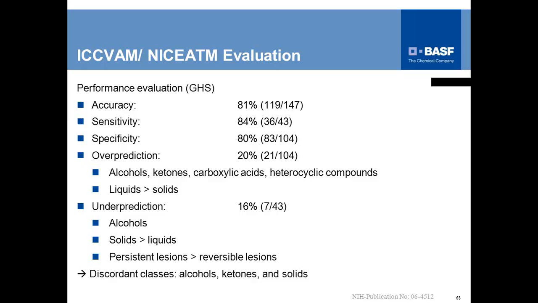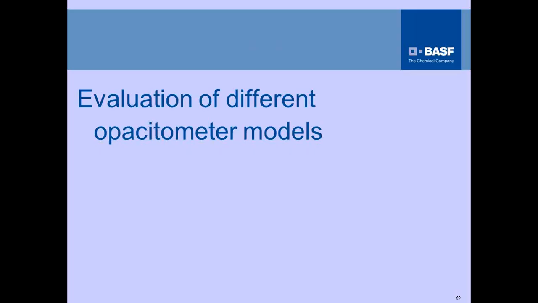In summary, the discordant classes in the BCOP included alcohols, ketones, and solids. So this was my summary of the ICFAM documents.